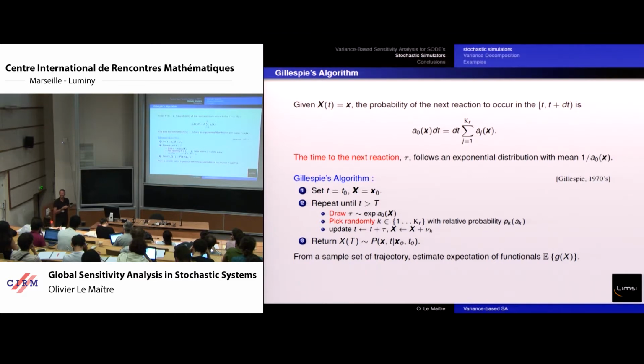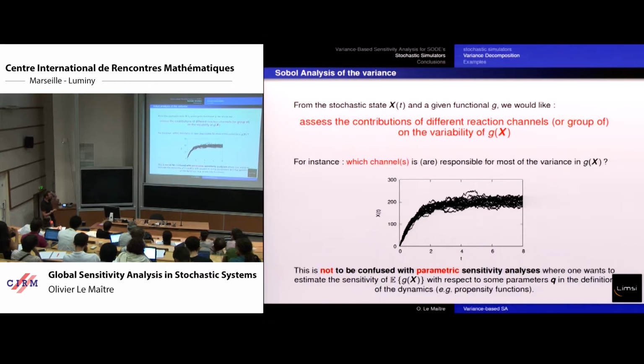Surprisingly, we didn't find any answer to this question, which seems quite important. What people generally do is look at the average trajectory, and eventually at the sensitivity of this average trajectory with respect to the coefficients, but it's really indirect. So how can we do that?